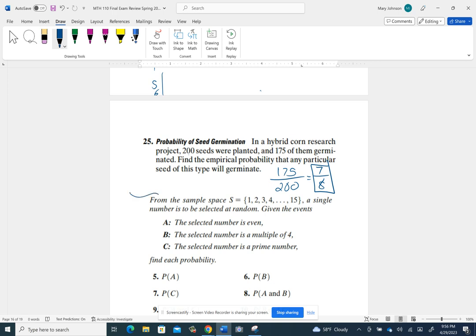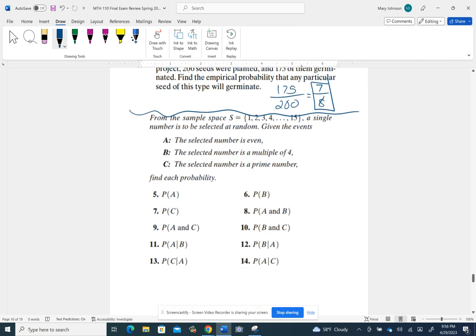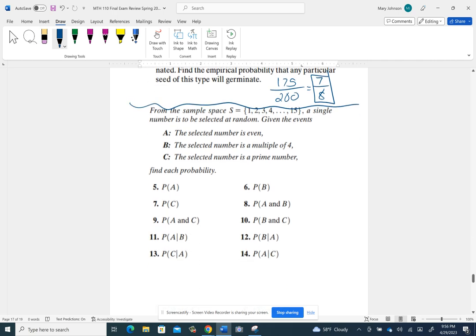Okay. All right. The next objective on probabilities talks about conditional probabilities. So it said to look at 5 through 14 and then some others. Let's look at 5 through 14. A single number is selected at random. A is the event that the selected number is even.